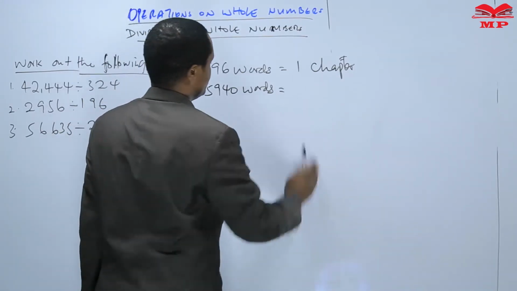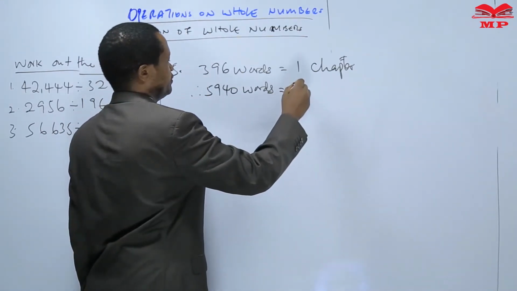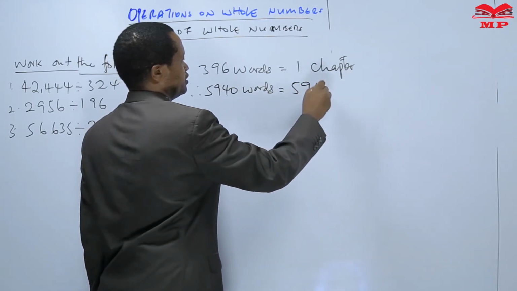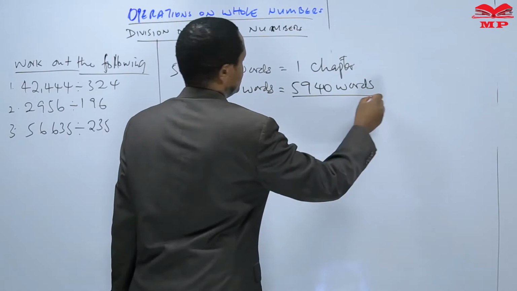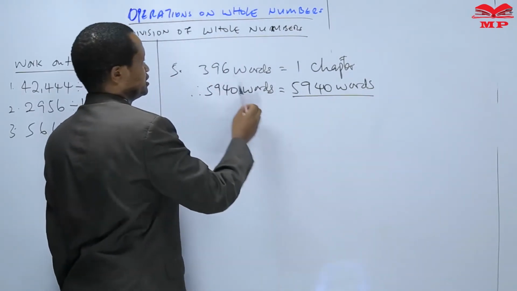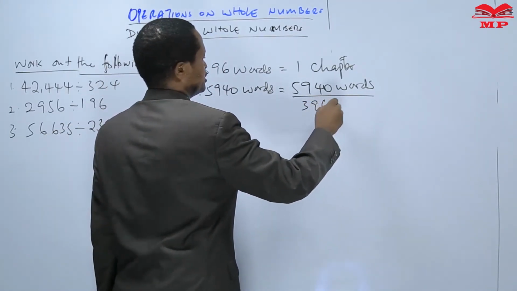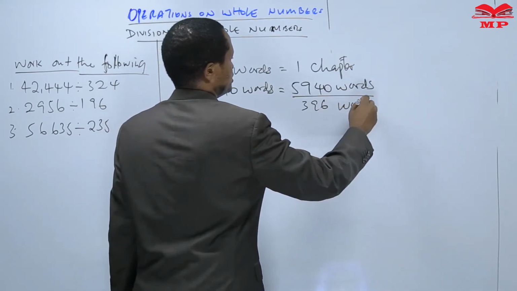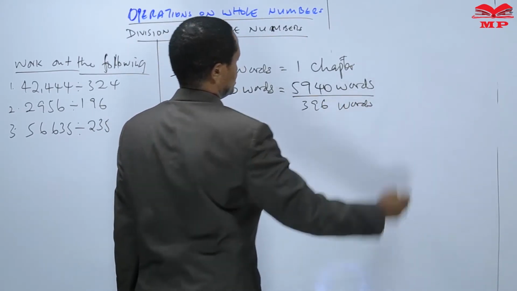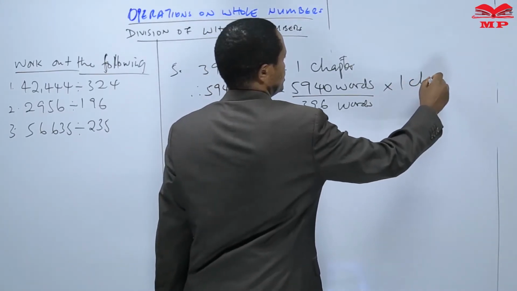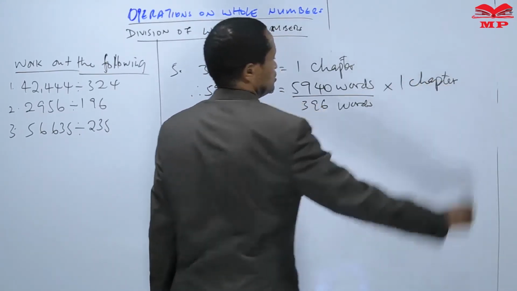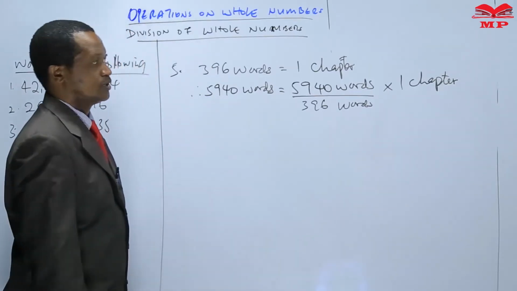So here, learners, we will take the 5,940 words, we divide by the 396 words, okay, then we multiply by one chapter.